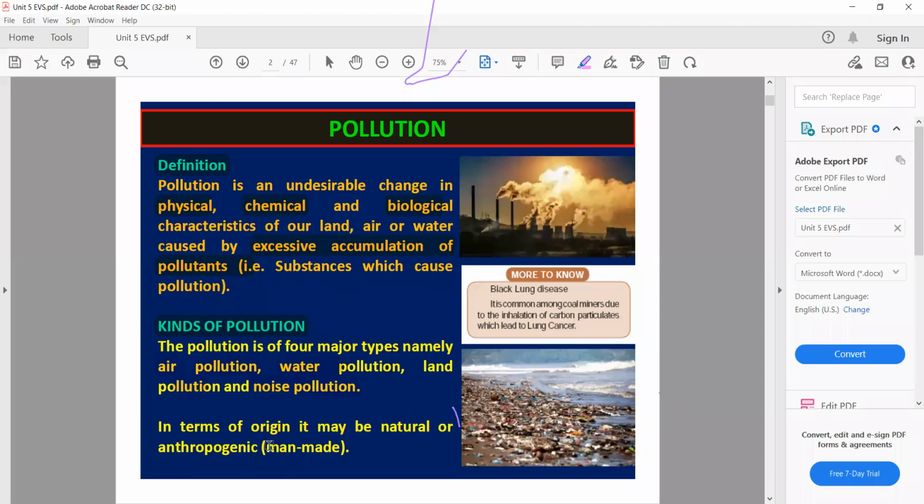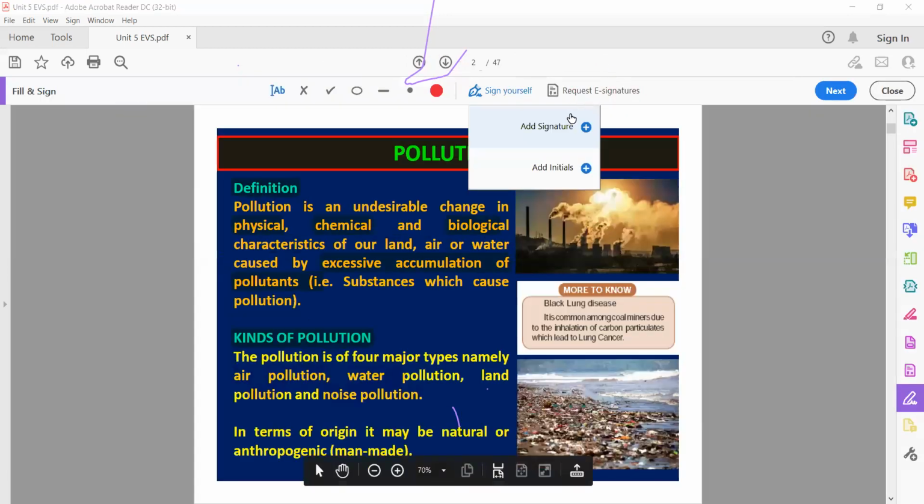That's a natural pollutant. But on the contrary, I believe man-made pollutions are more. Man-made pollutants are known as anthropogenic pollutants.